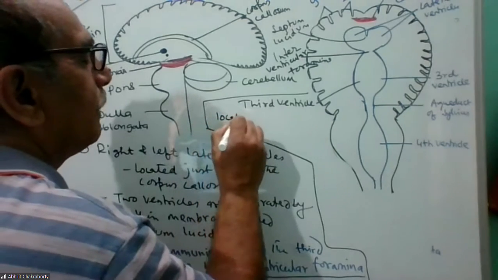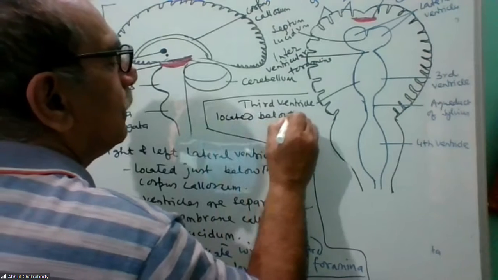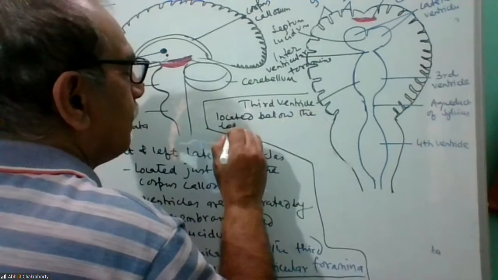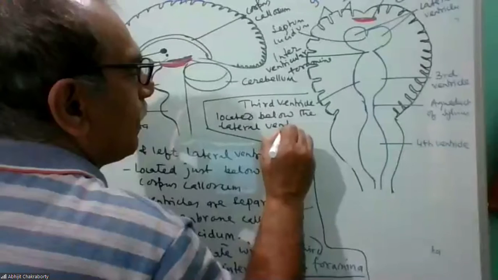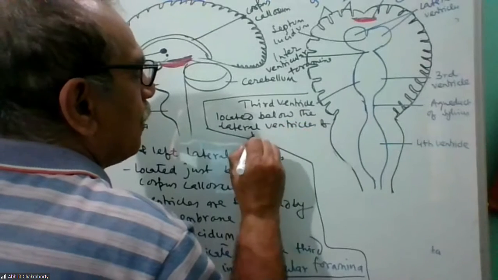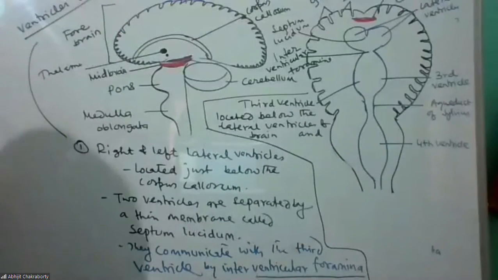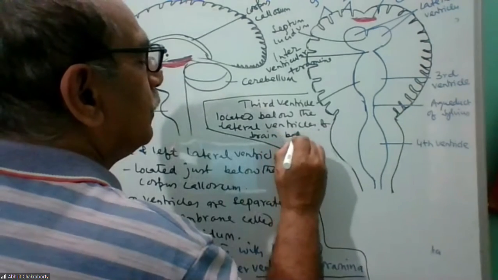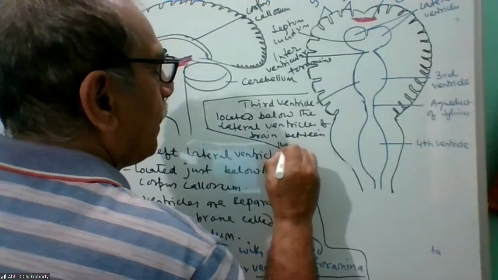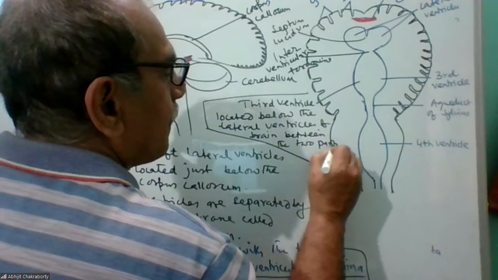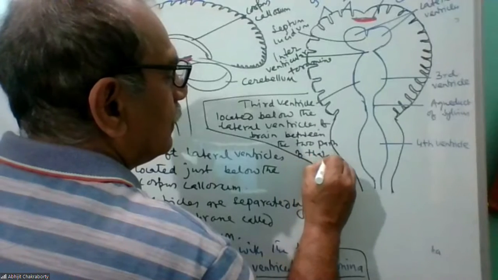Located below the lateral ventricles of brain and between the two parts of thalamus.